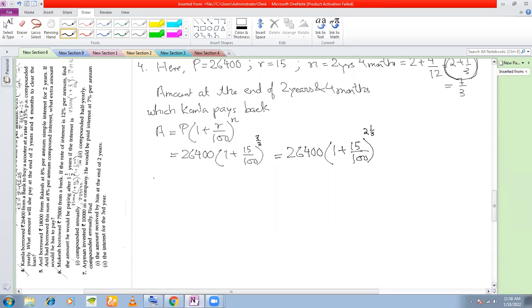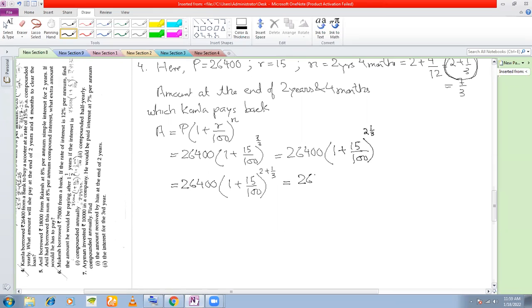Is this step clear? Yes, sir. Then 26,400 into 1 plus 15 by 100, and now 2 1/3 you can write as 2 plus 1/3.